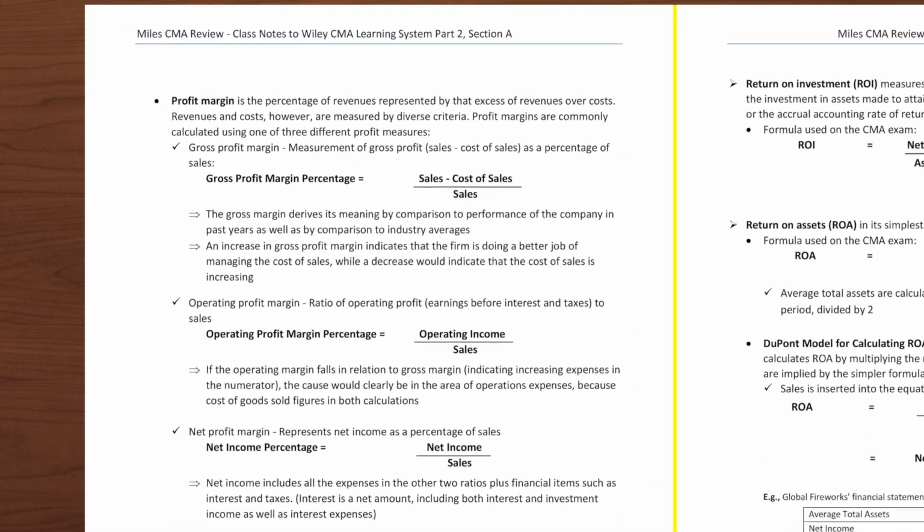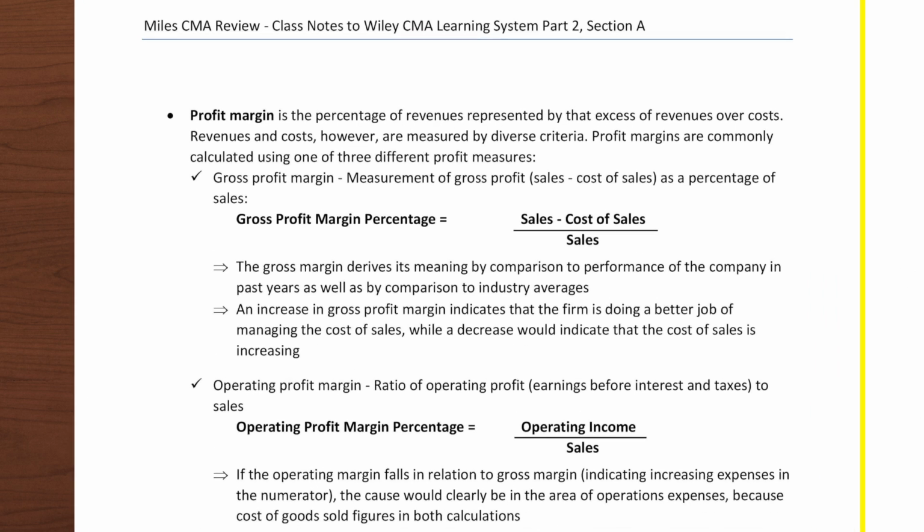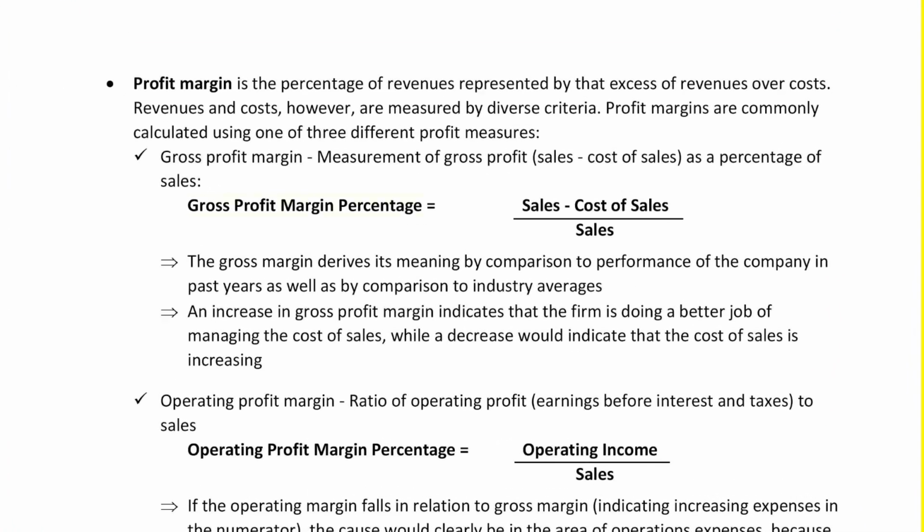We'll be looking at profit margin percentages. Highlight gross profit margin percentage. That's sales minus cost of sales divided by sales. Sales minus cost of sales equals gross profit, and the denominator, circle sales.